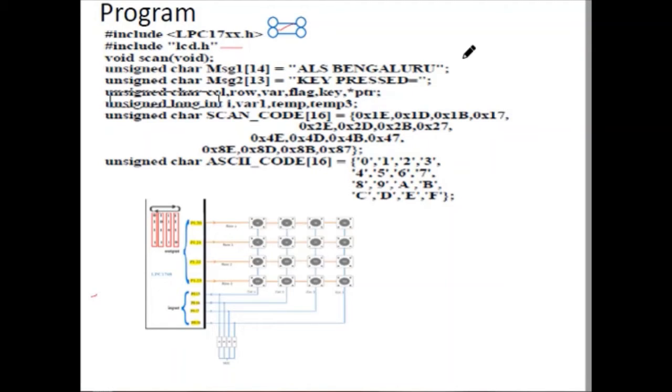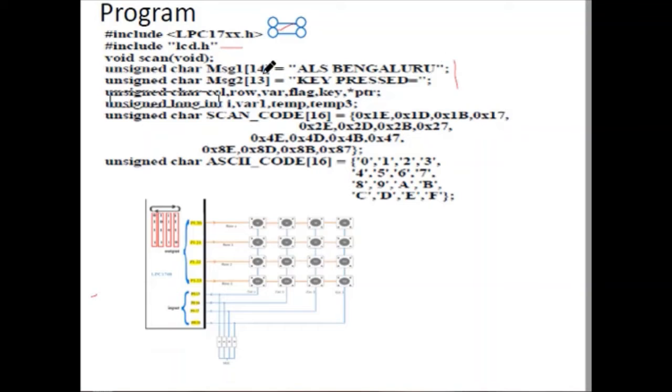Next, once you dump the program through Flash Magic and all, initially you will get this message. As the vendor is ALS, they have given those names, so you can change to any, you can customize this field. The main thing here is to understand how many characters are there. We have ALS space Bengaluru.